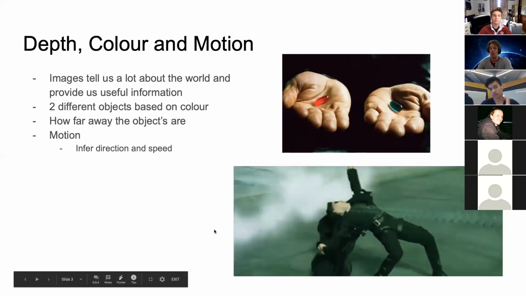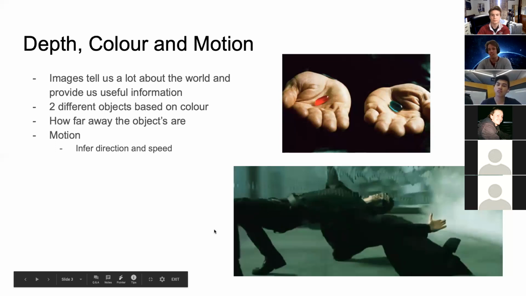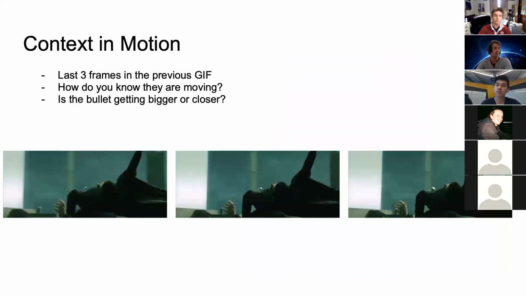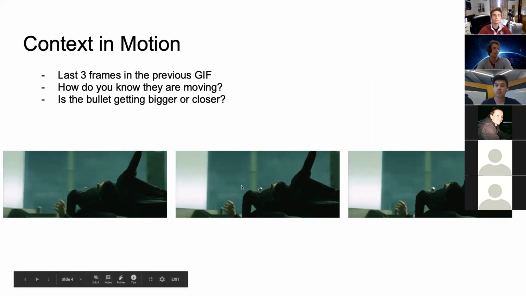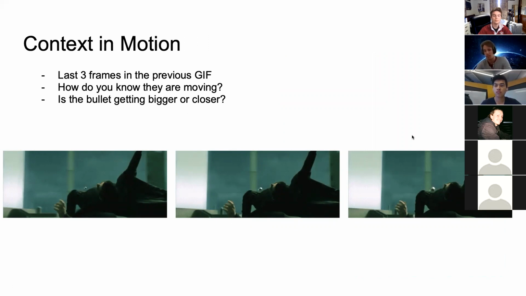But really, to a robot, this doesn't actually mean that much. Motion is a really tricky thing to understand. These three pictures here are basically the last 3 frames from the previous GIF I showed you, right? But how do we know that? We know that this bullet is in motion only from the context of the previous slide.